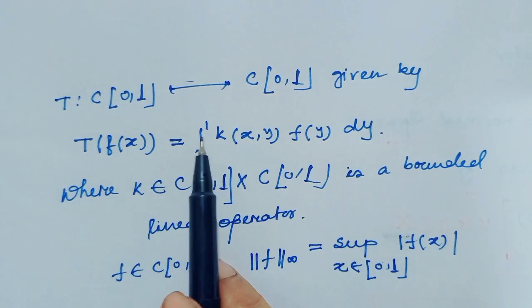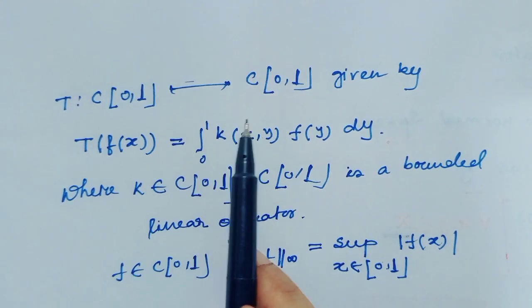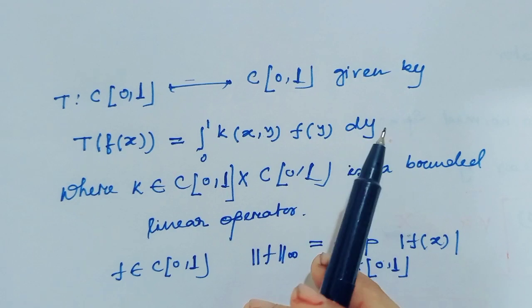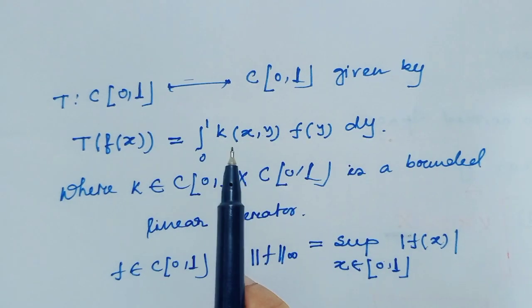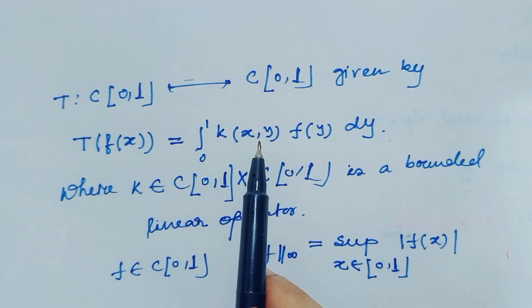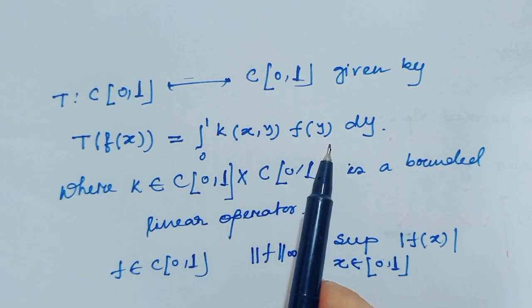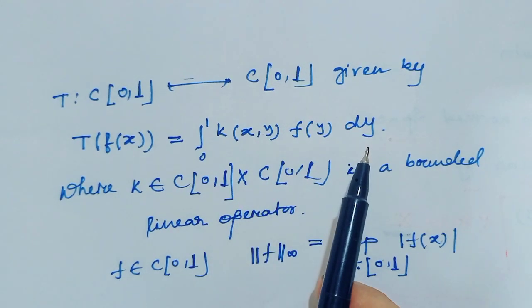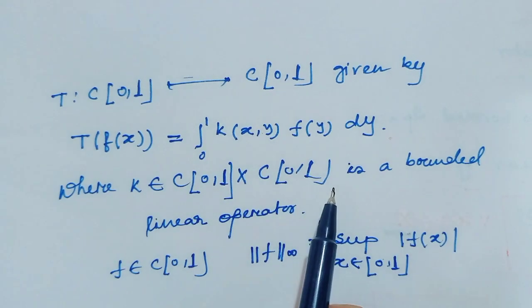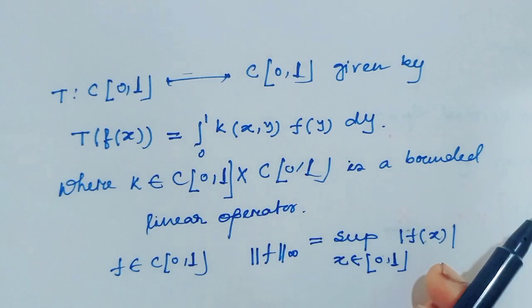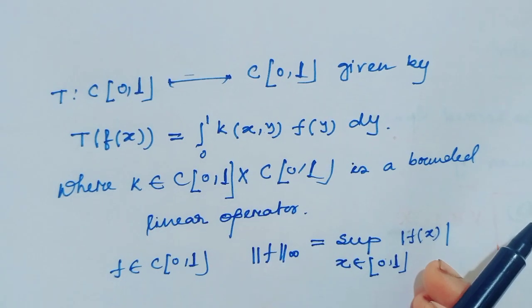Now consider a linear operator T from C[0,1] to C[0,1], given by T f(x) equal to the integral from 0 to 1 of k(x,y) f(y) dy, where k belongs to C[0,1] cross C[0,1]. We have to prove this is a bounded linear operator.